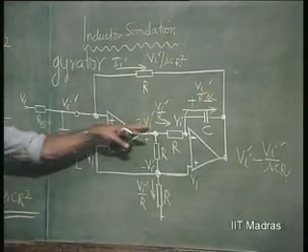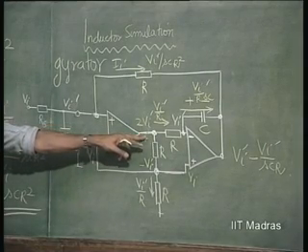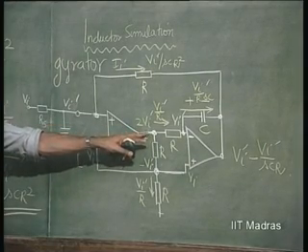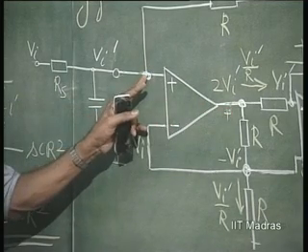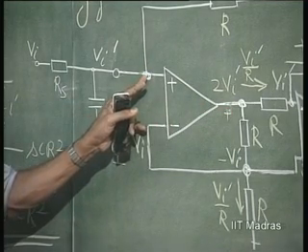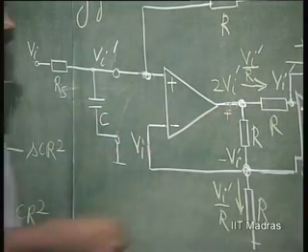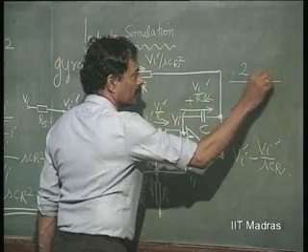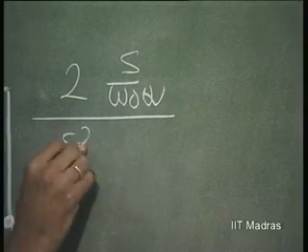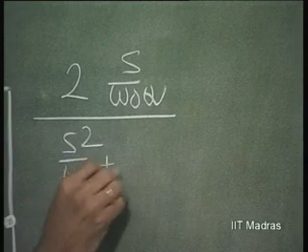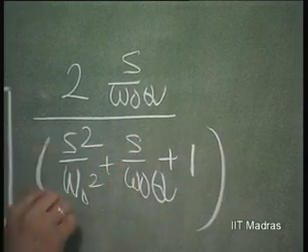This will be twice Vi prime. So, it will be again band pass. The output here also is going to be band pass. You can as well take the output here, because here it is a buffer. That means you can load this without affecting the Q of the circuit, right. But it is better to take the output here, which is going to give you twice Vi, that means twice S by omega naught Q, over S squared by omega naught squared plus S by omega naught Q plus 1.